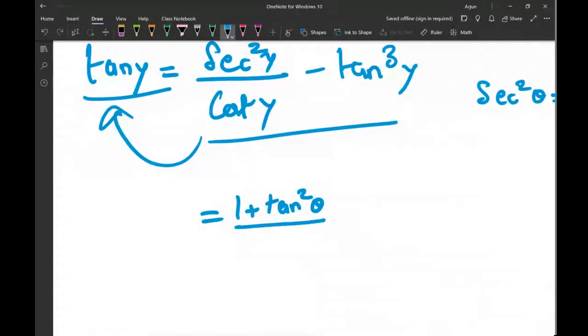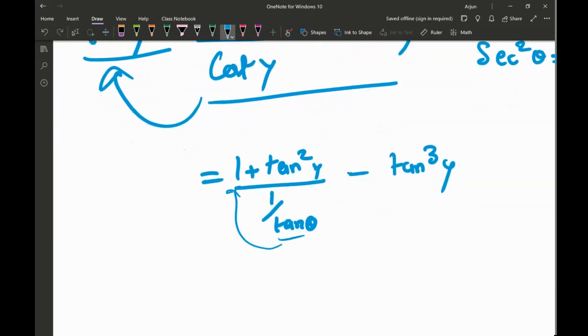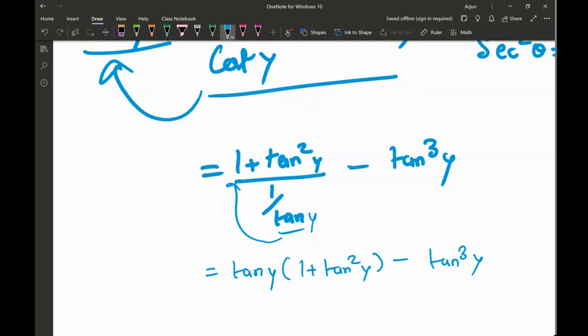Cot theta can also be written as 1 upon tangent theta, minus tangent cube y. Well, it should be y here. Now this tangent is going to go on the upper side, so I can write it as tangent y times 1 plus tangent square y, minus tangent cube y.